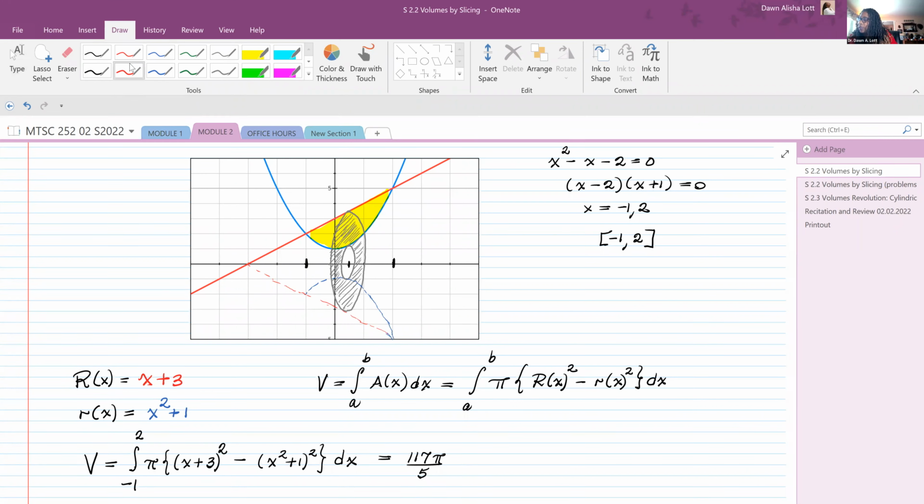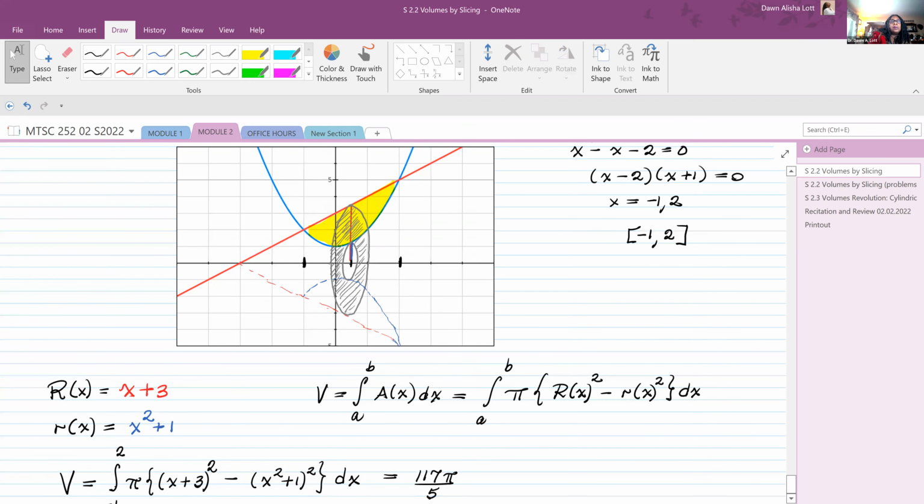I didn't draw my radii, so here's my big radius. It goes all the way up to the big distance. And then the little radius goes there. You can see it.